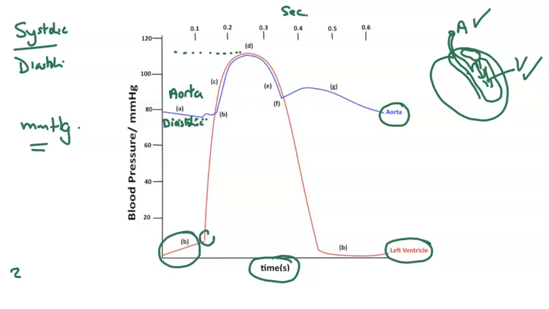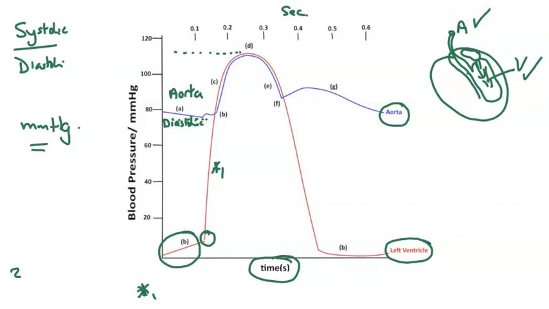At this point here, there is a sudden increase in the pressure of the blood in the ventricle. And this, I'll just put this as a note at the base, is where the valves into and out of the left ventricle are all closed.